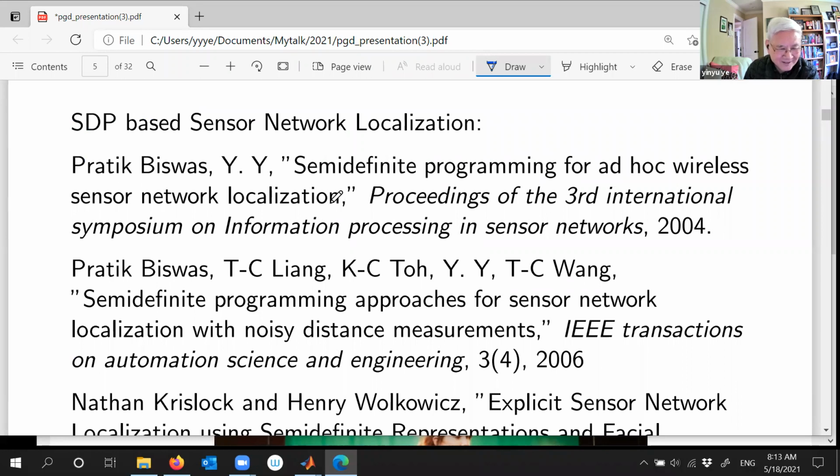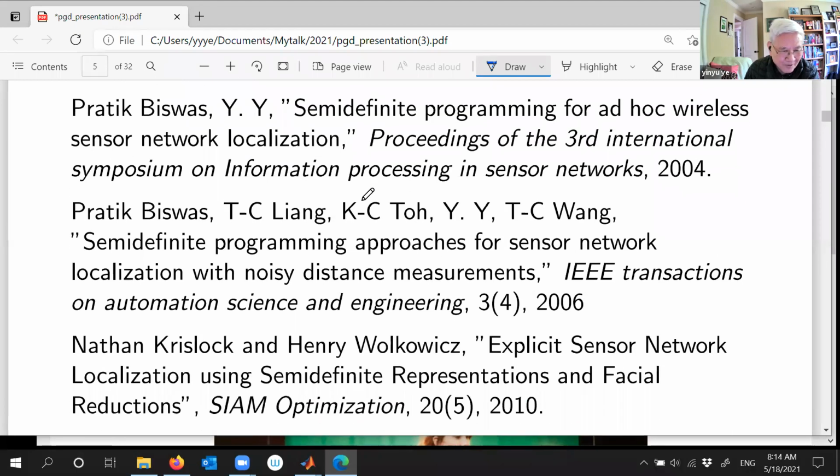One of the students at Stanford, in EE, did some work to first formulate this problem, because before that people just used second-order cone or some other relaxation. But then he used semi-definite programming.